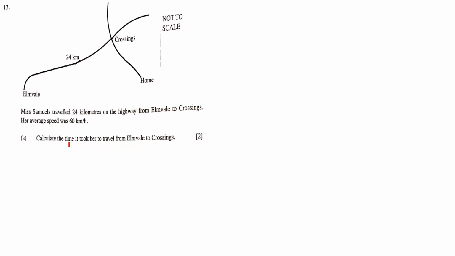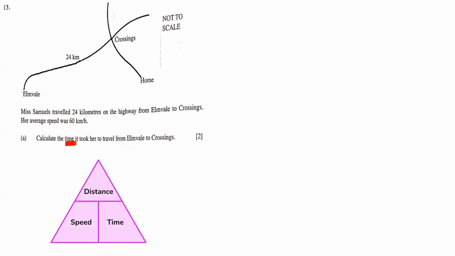Calculate the time it took her to travel from Elmvale to crossings. So we want to figure out time taken. Let's consider our speed, distance, and time triangle. Distance is equal to speed times time. Speed is equal to distance over time, and time is equal to distance divided by speed.